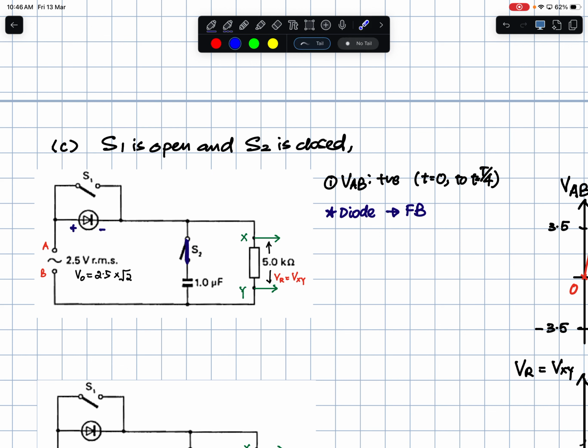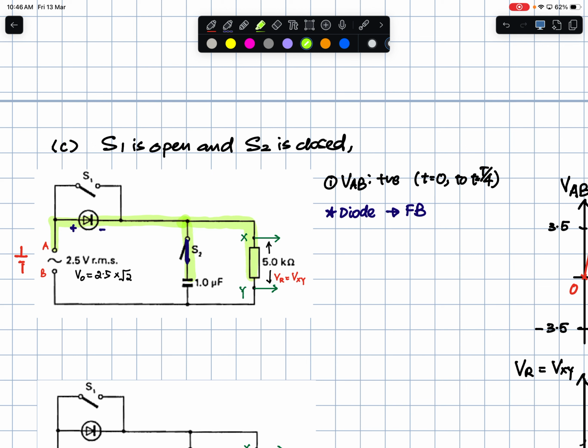Now, it's forward bias, of course. We can trace how the current flows. Current is very interesting because when it is forward bias, and varying sinusoidally in the first half of the cycle, you will realize, hey, at this junction, I got 2 paths. I can go and deposit some charges inside the capacitor.